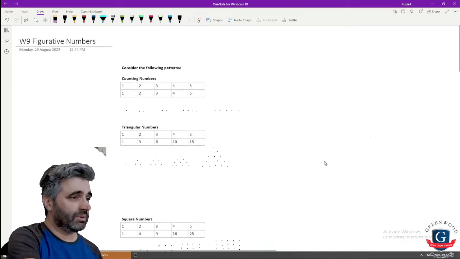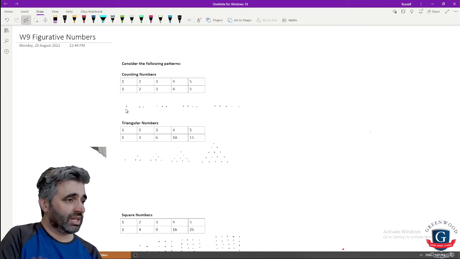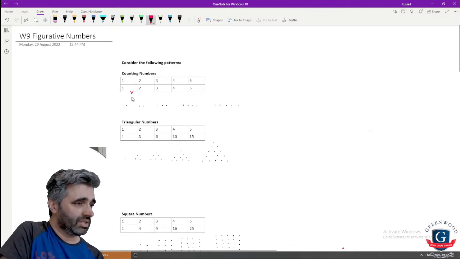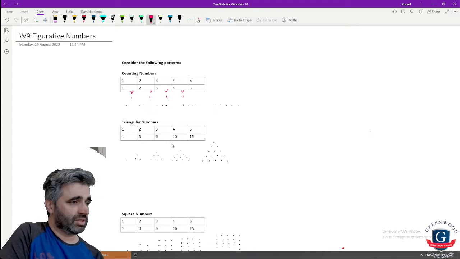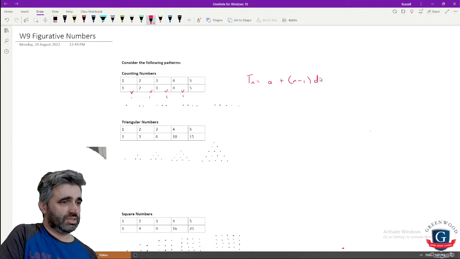Now, if we're looking at arithmetic sequences, we do have an arithmetic sequence here. It starts with 1 and it goes up by 1 each time. We can see that the difference is 1. So we could do Tn equals a plus (n minus 1)d, where a is 1 and d is 1.